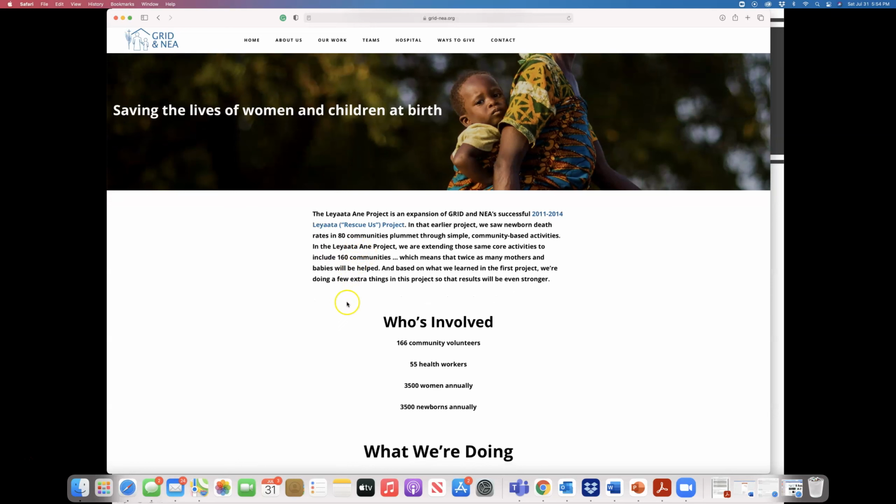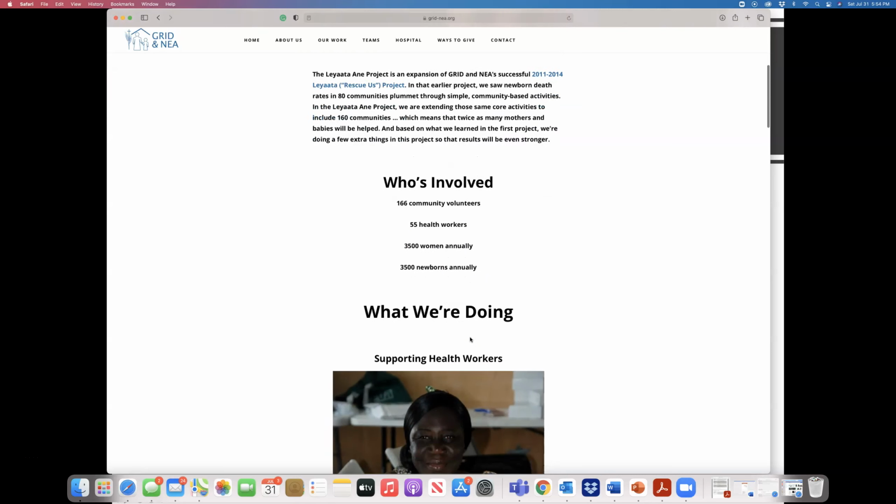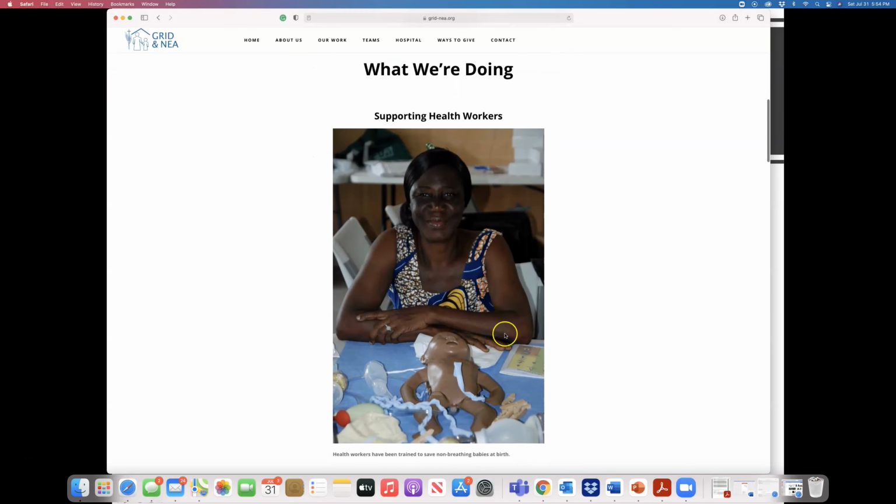And the reason we started this project is that mothers in these communities were witnessing very high newborn death rates. And so what we did was we involved community health workers and community volunteers, women and newborn babies. These are the women that were in our project. And what we did is we started supporting these health workers with the basic tools to resuscitate a baby.